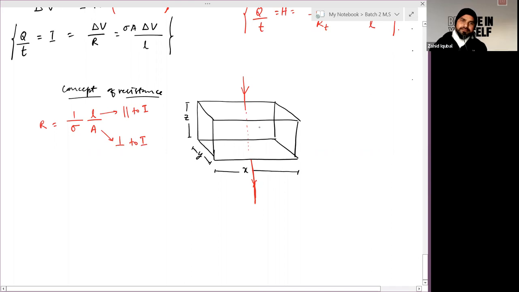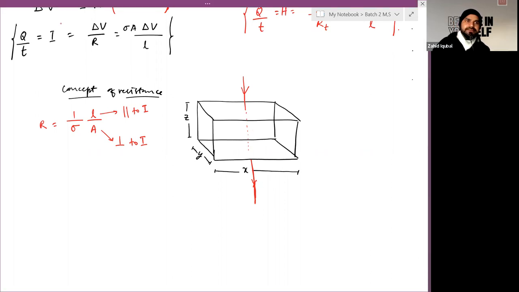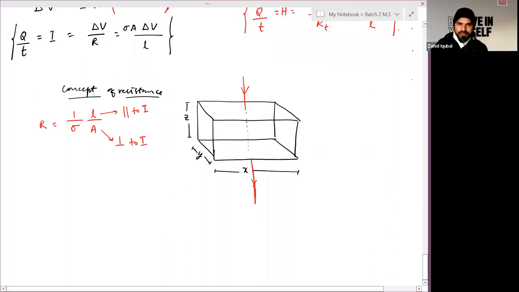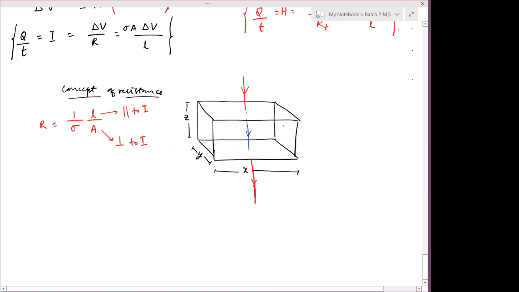So in this part, which dimension is parallel to the flow of current? Samira? Current is going along this way. So which of the dimensions X, Y, Z is parallel to the flow of current?